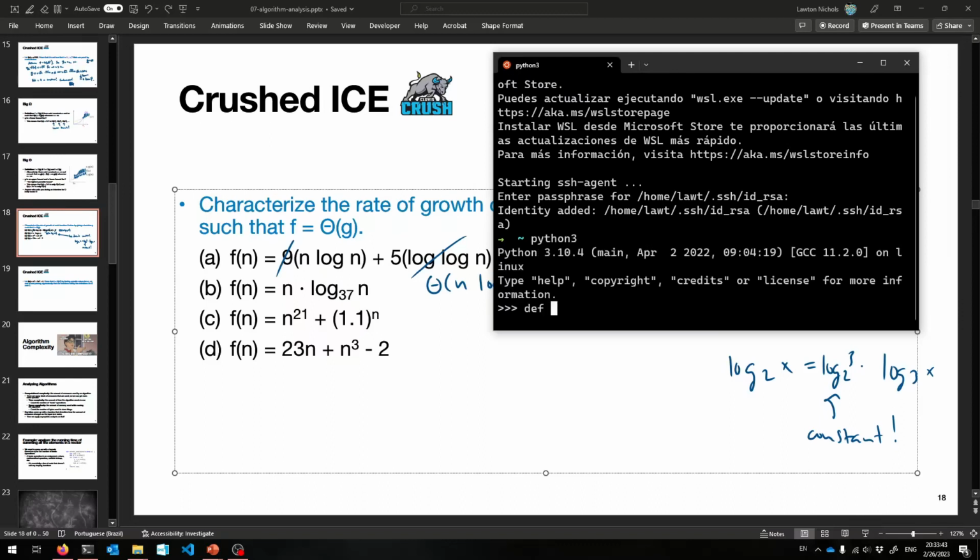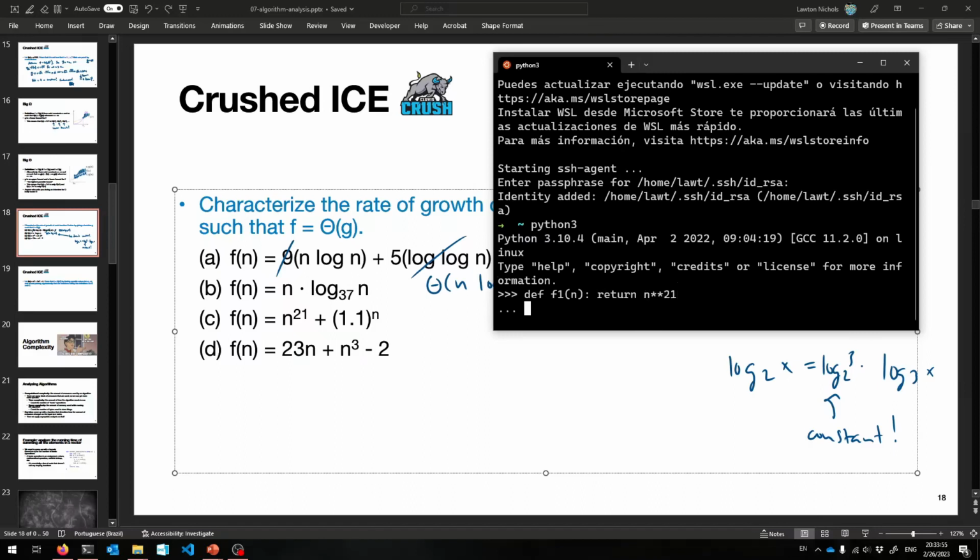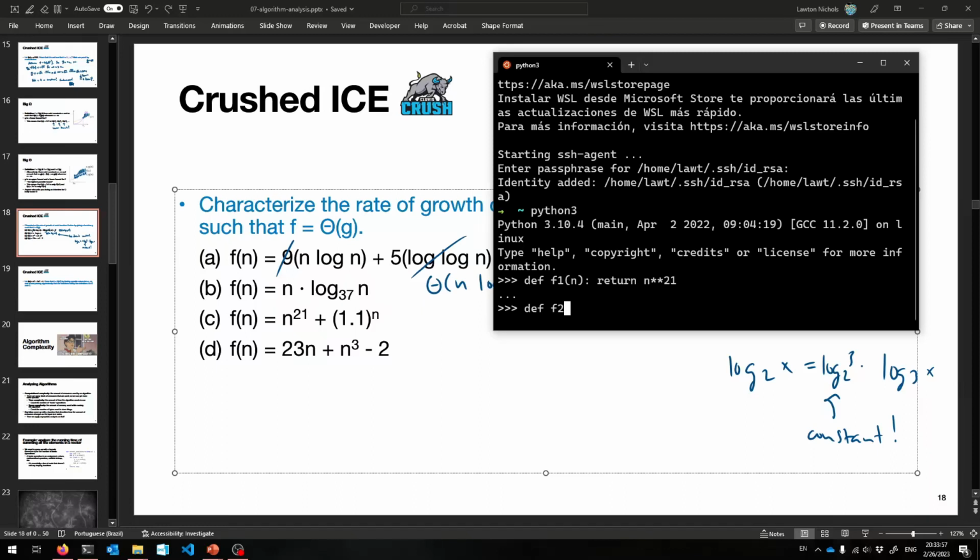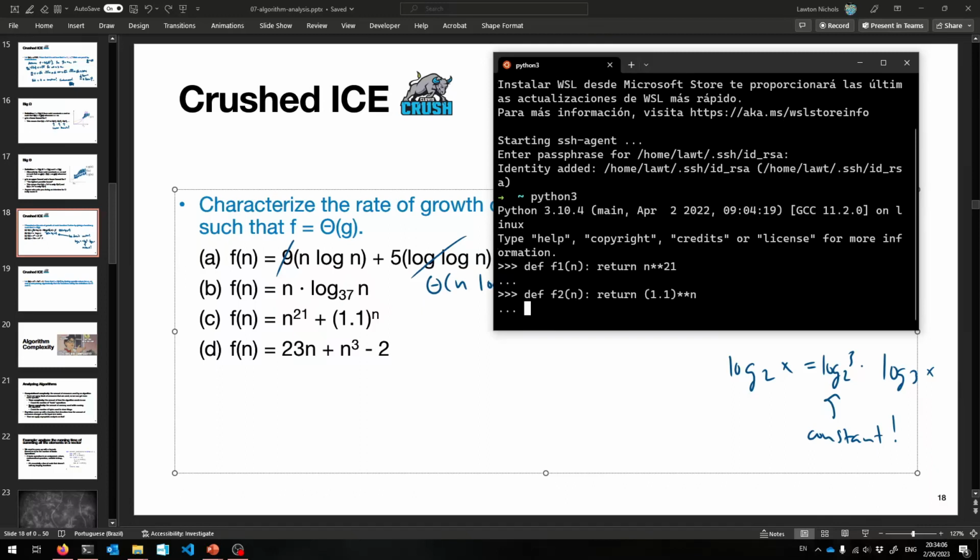Here is, let's define f1 of n to be n to the 21st power. And then let's define f2 of n to be 1.1 to the nth power. Star is power in Python.